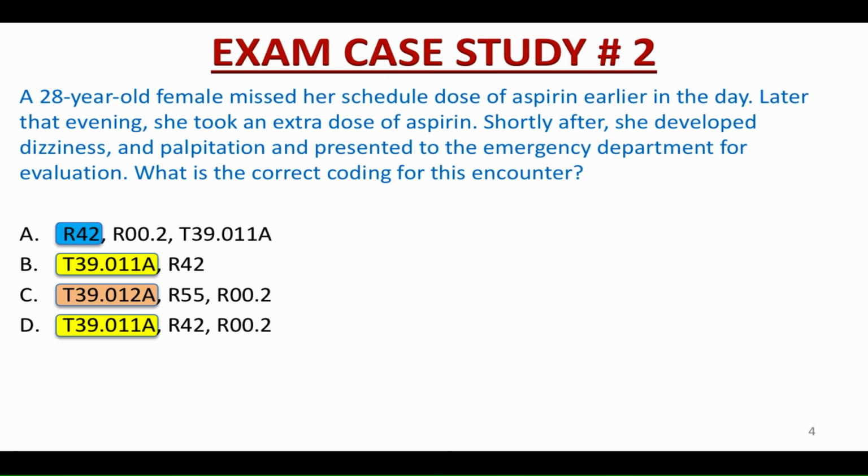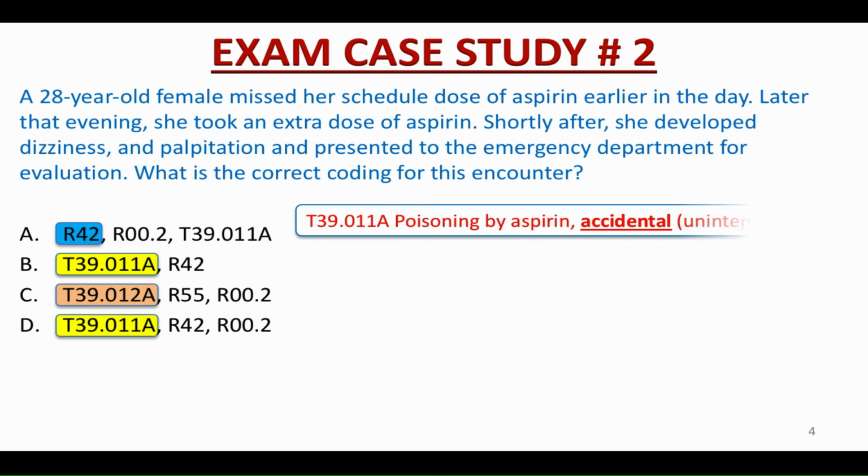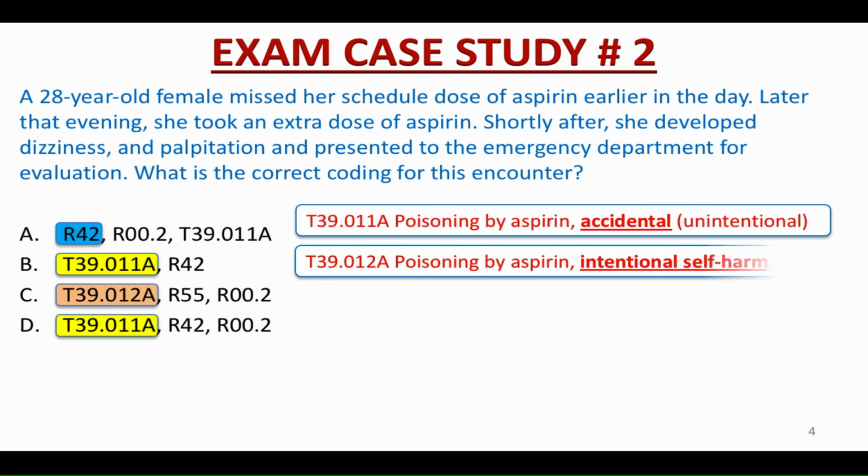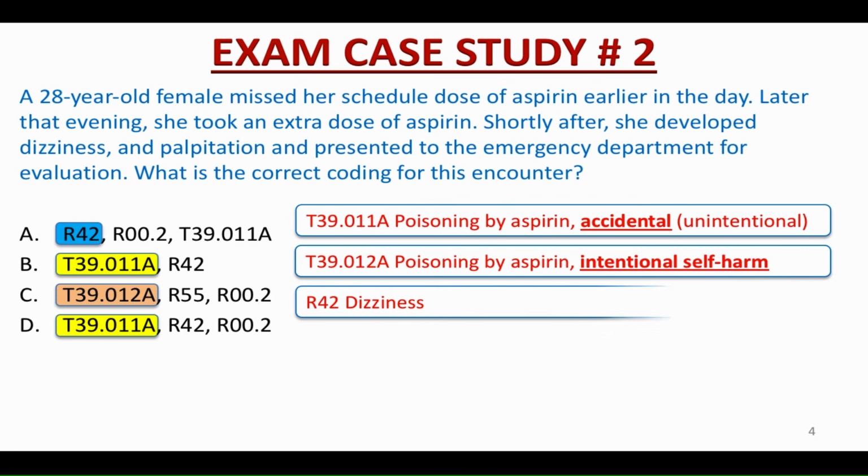Assuming you already looked them up in your book, here's what you should find. T39.011A, Poisoning by aspirin, accidental, unintentional. T39.012A, Poisoning by aspirin, intentional, self-harm. And R42, dizziness.